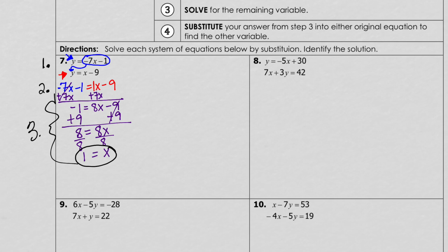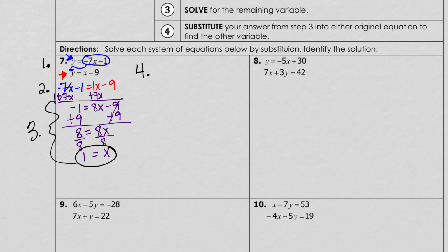Do you want to plug it into the blue equation or the red equation? So top or bottom? How about we do the red equation?